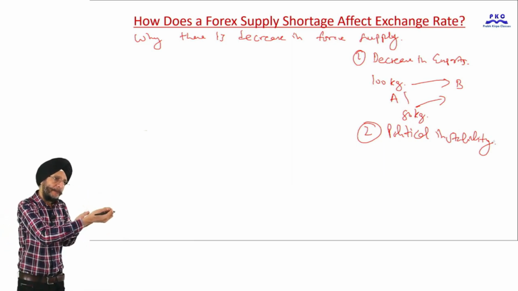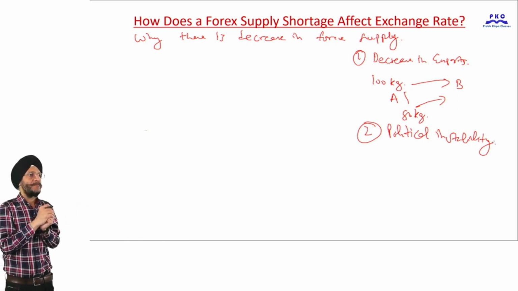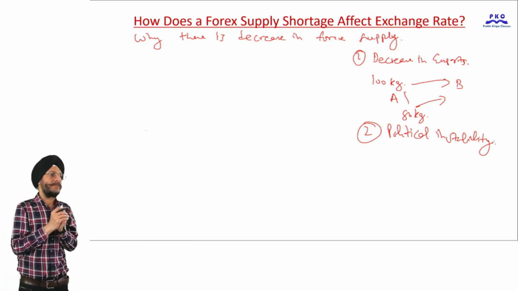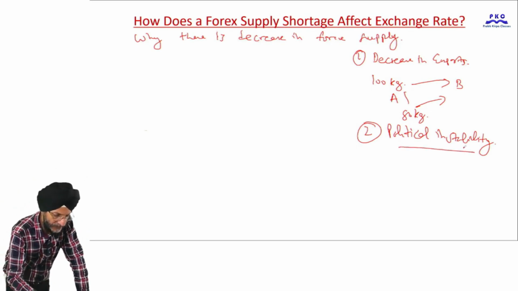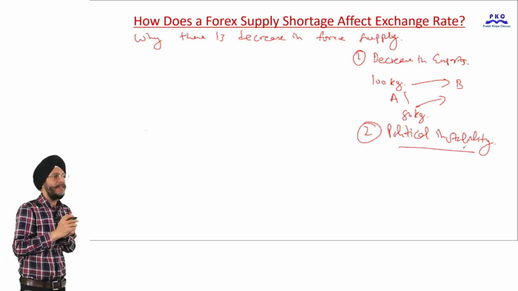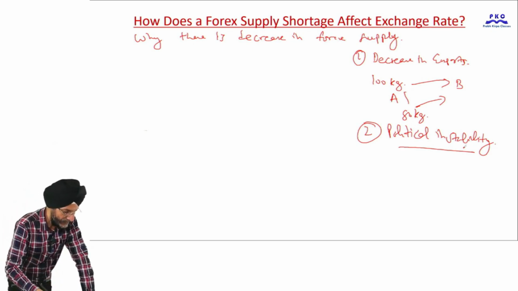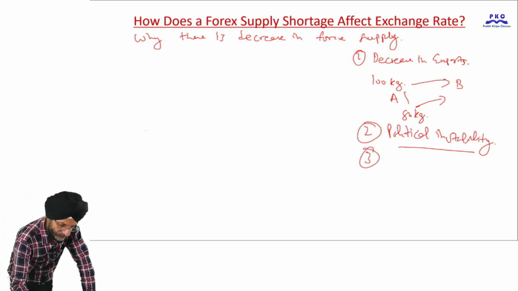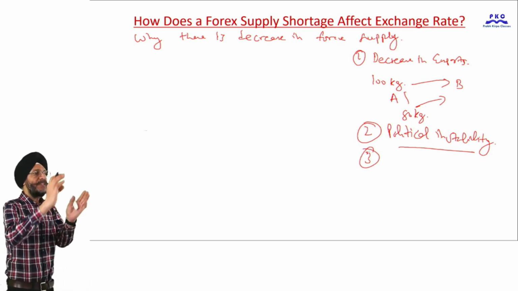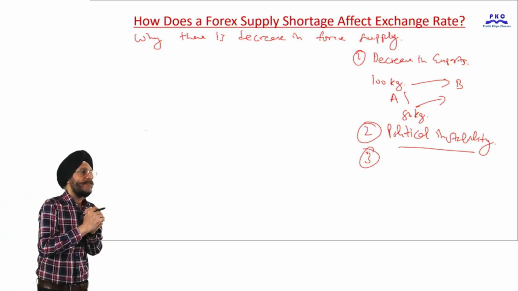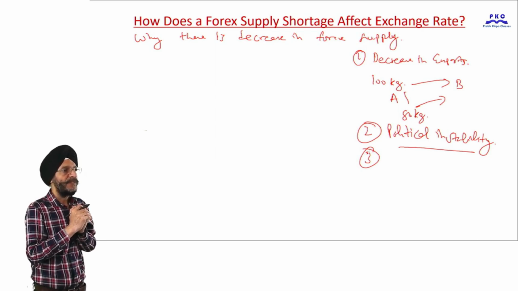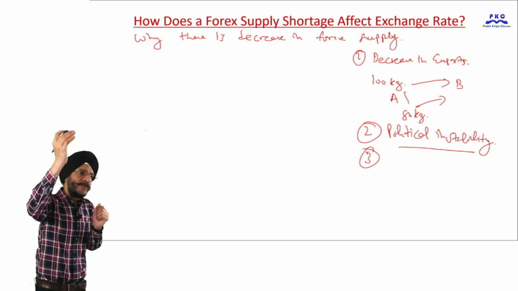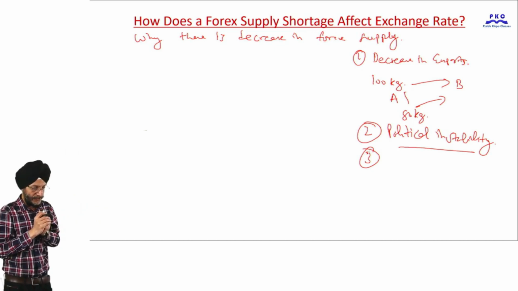Rather, they pull out their investments from that country. So, when there is political instability, the forex supply decreases. If the investment climate in the country is not favorable, then the foreign exchange supply reduces.